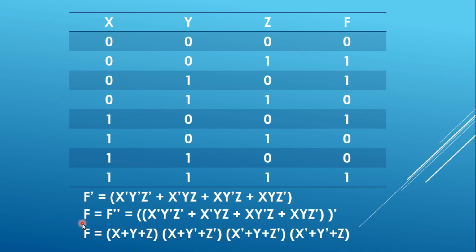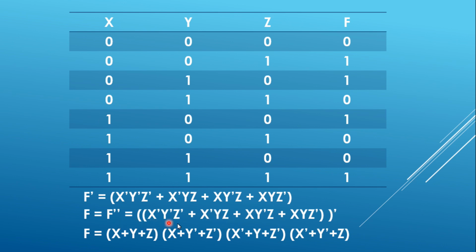But if someone tells us that you have to find out the function, what is f? This is f bar, this is f dash. So how do you find out f? You have to do f dash dash. You have to further complement it. If you're complementing the left hand side, you will also have to complement the right hand side.